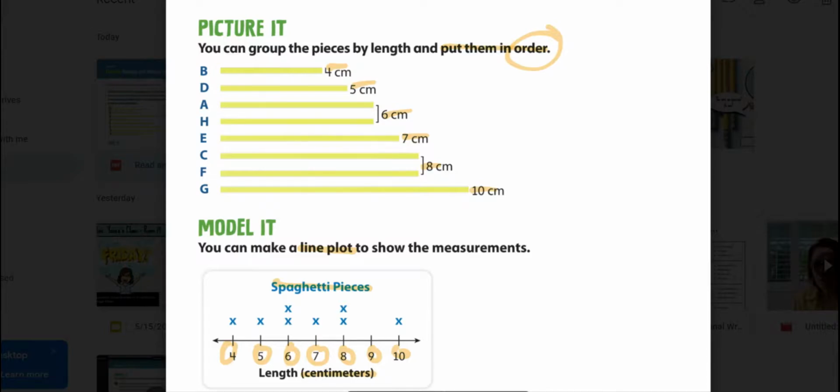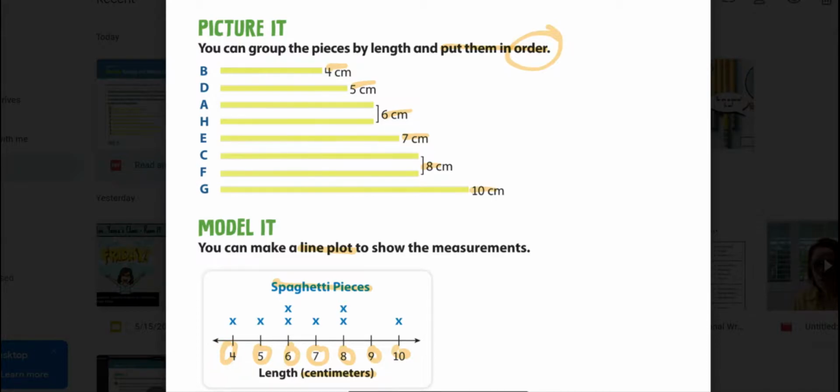So when we do a line plot, it would be way too long if we started at 0. So we start with the smallest piece of data that we have. So the smallest that we had was 4. So we start with 4.